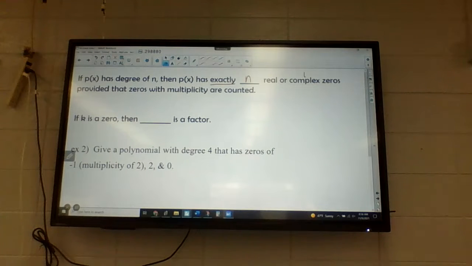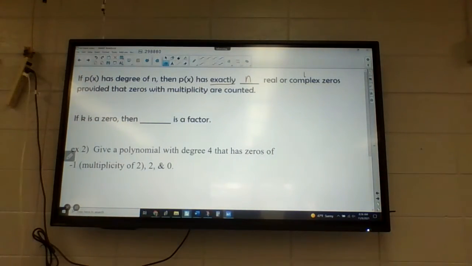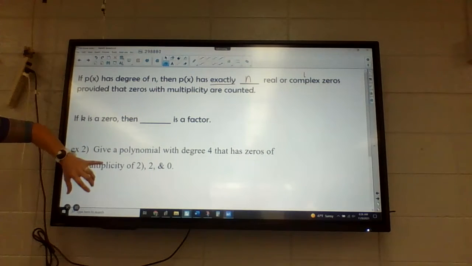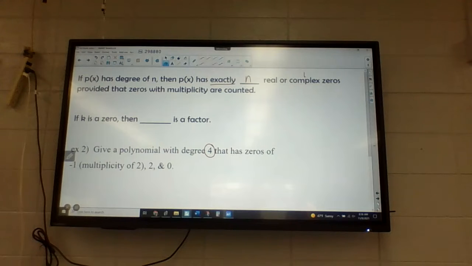Some of them may have multiplicity. So if it has degree of 4, it's going to have 4 zeros.